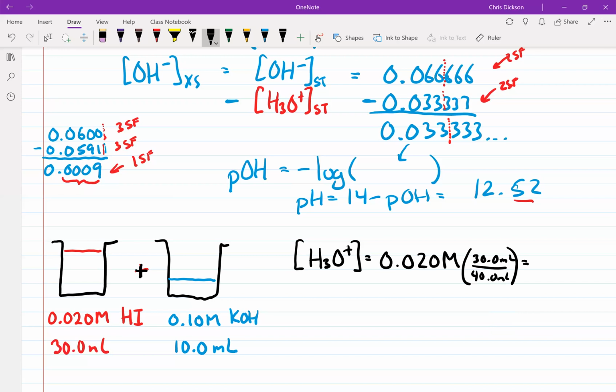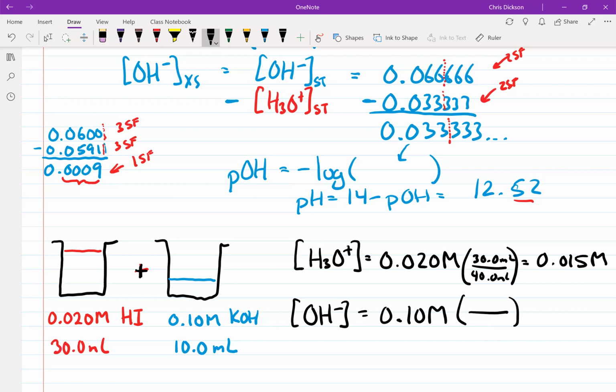And so if I work that out, 0.02 times 3 divided by 4 gives us 0.015 molar. So that's the concentration of the hydronium after the dilution. And the concentration of the hydroxide, its initial concentration is 0.10 molar.